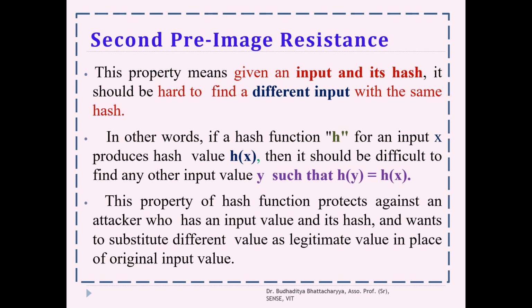The second one is equally interesting, and that is second pre-image resistance. In that, what you are looking at is that h(y) is not equal to h(x). That means no two digests will be the same when generated from two different inputs. y and x here are two different inputs, input x and input y. Same as in the previous image, it's like a dual protection.